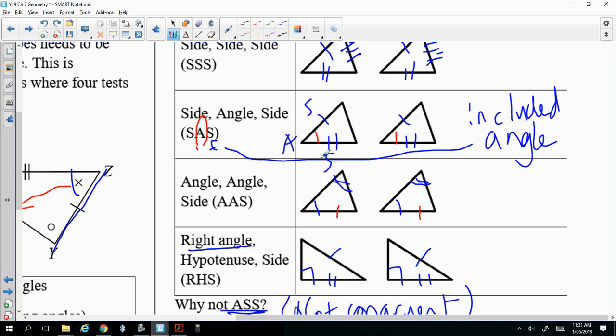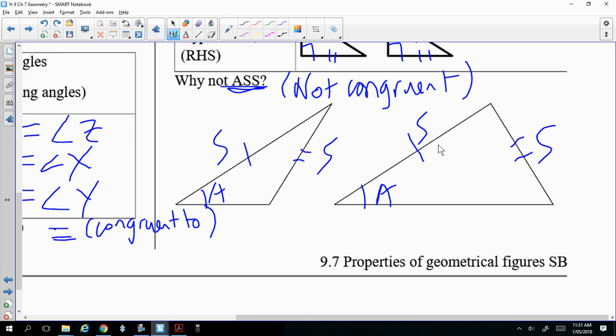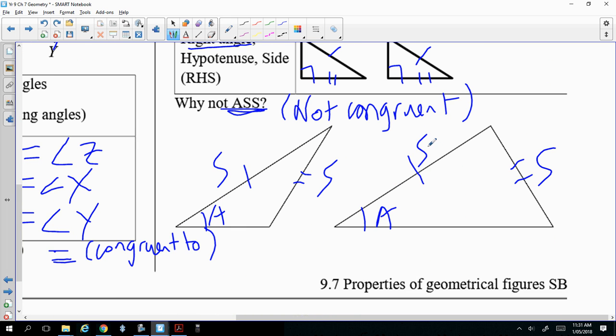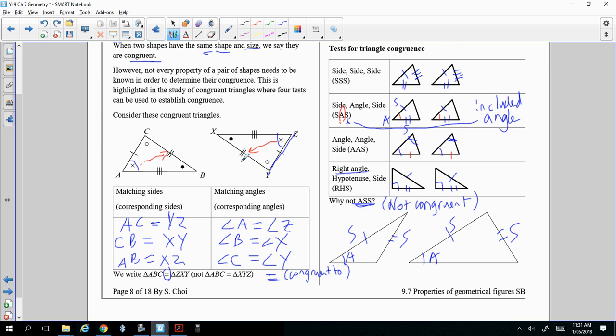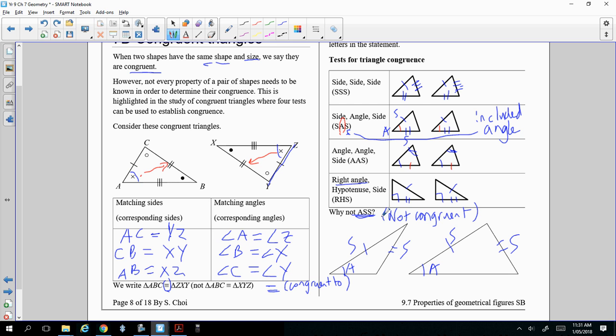Yeah, you have to be going clockwise or anti-clockwise. Okay? Just think that ASS is not appropriate. Just another way to remember, ASS is not appropriate.